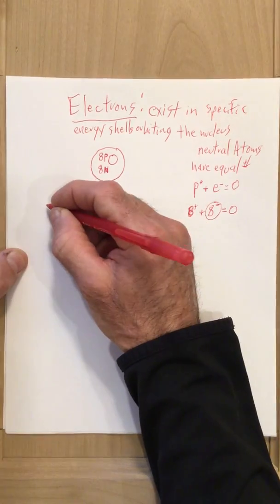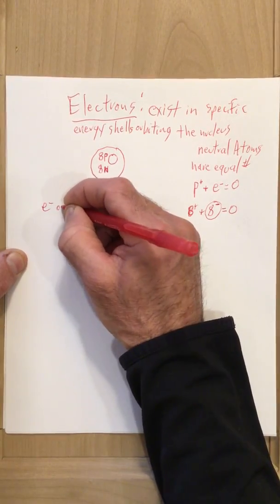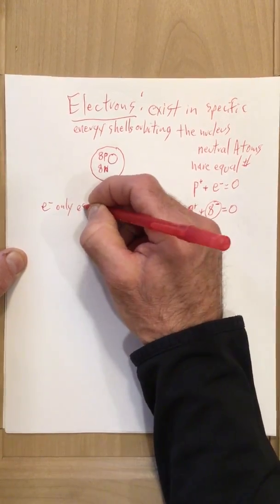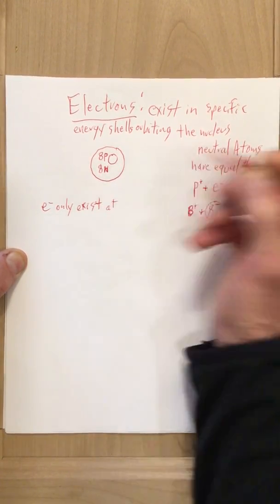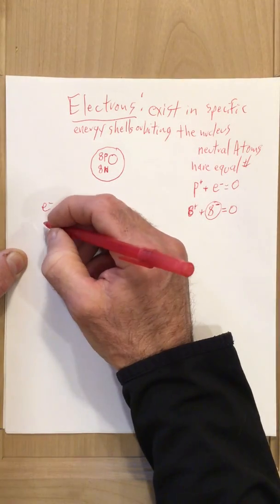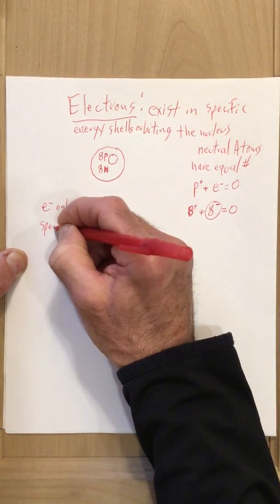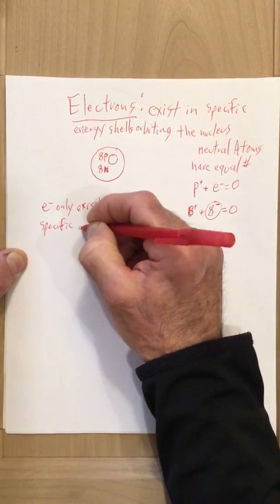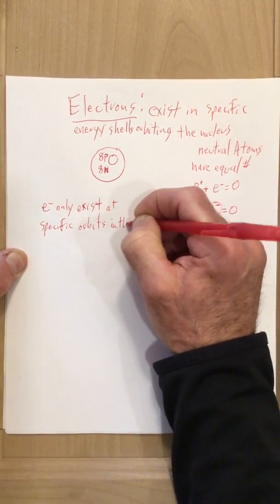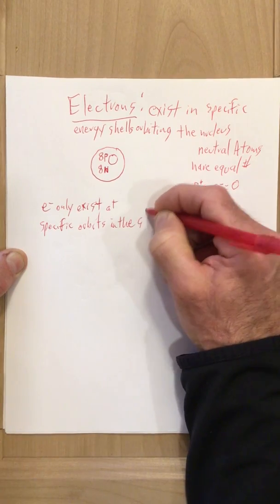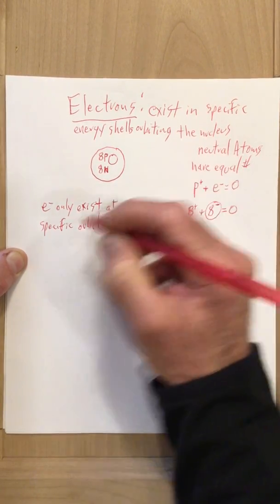Well, there's a rule. Like all things in science, there's some sort of rule. So the rules are this: electrons only exist at specific orbits in the shells. And let's look at it this way.